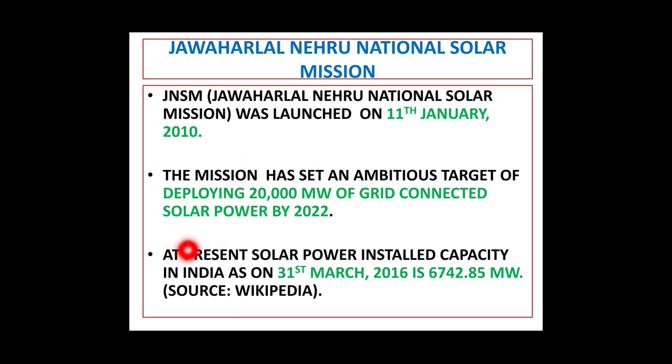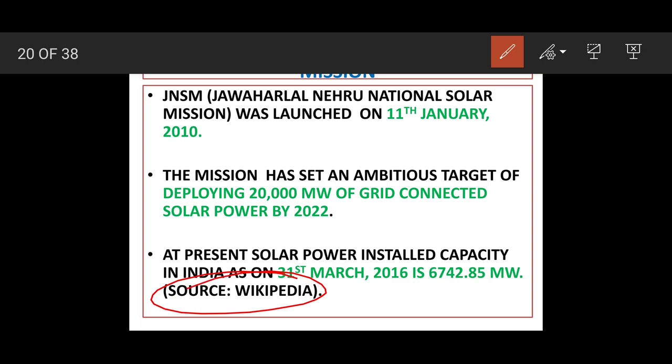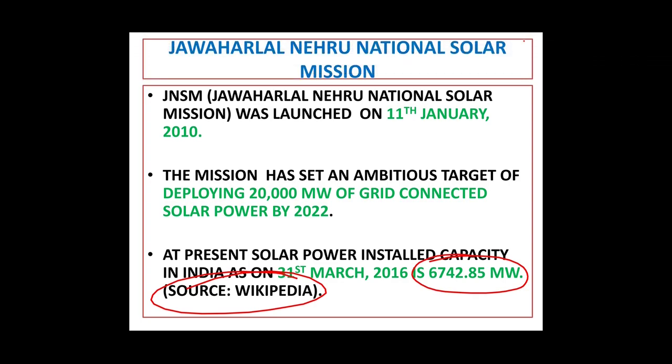Now at present, the solar power installed capacity of India, this is the data of 31st March and the source is Wikipedia. So according to the data of 31st March 2016, our installed capacity is 6,742.85 megawatt.